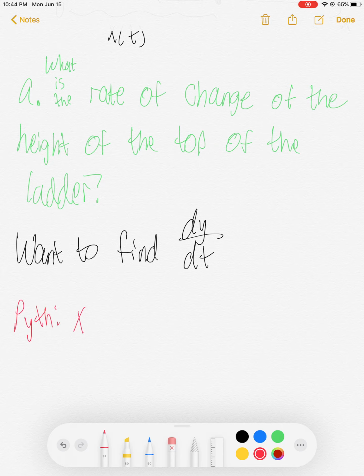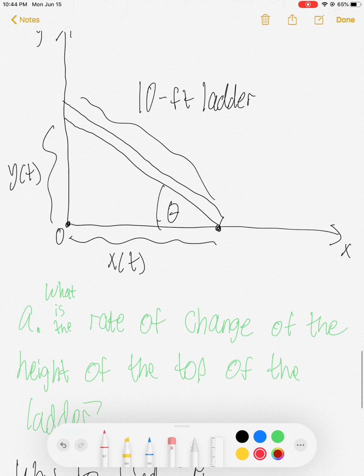So why don't we go ahead and start by writing out some equations. Okay, so I don't know exactly what dy dt is off the top of my head, but I bet you that we can draw some information out of this picture that we're given. So the first thing that I notice is that I can use the Pythagorean theorem.